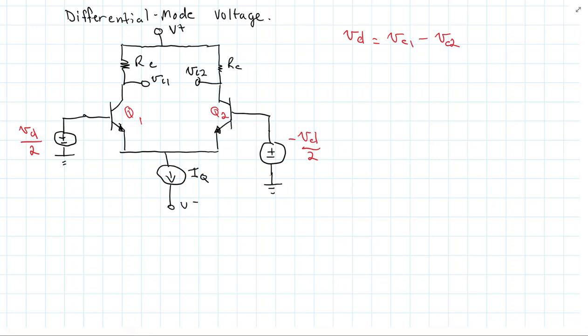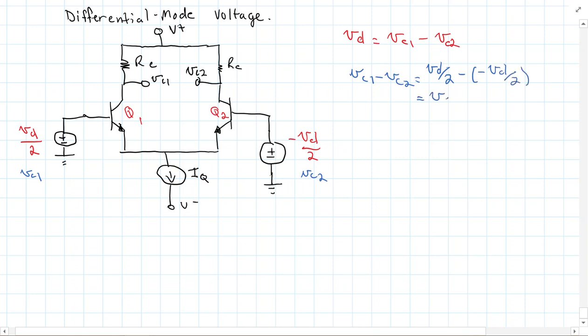If I look at that here, this of course is VC1 and this of course is VC2. So if I do that computation, you get VD over 2 minus negative VD over 2, which is just VD. So we do get that.